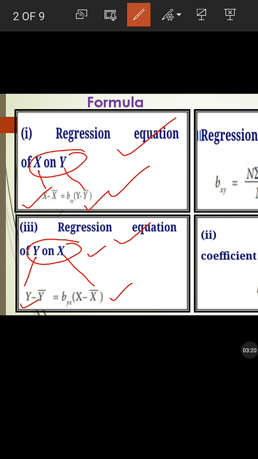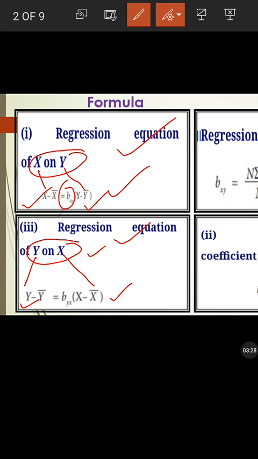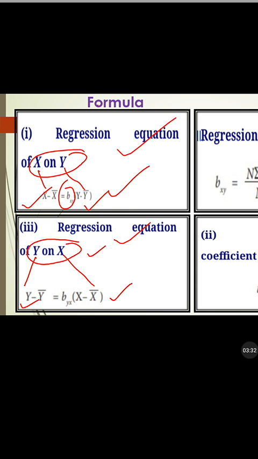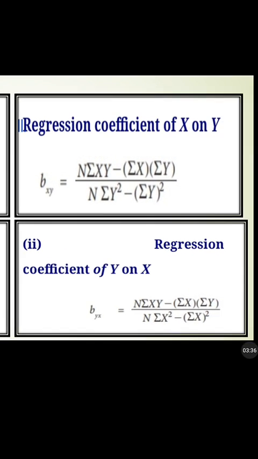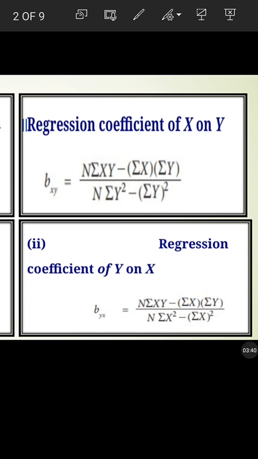Here for bxy, we have to calculate a separate formula. You can see here the formula is regression coefficient of x on y and regression coefficient of y on x. Here also we have two main formulas, that is, we have to calculate the coefficient alone.